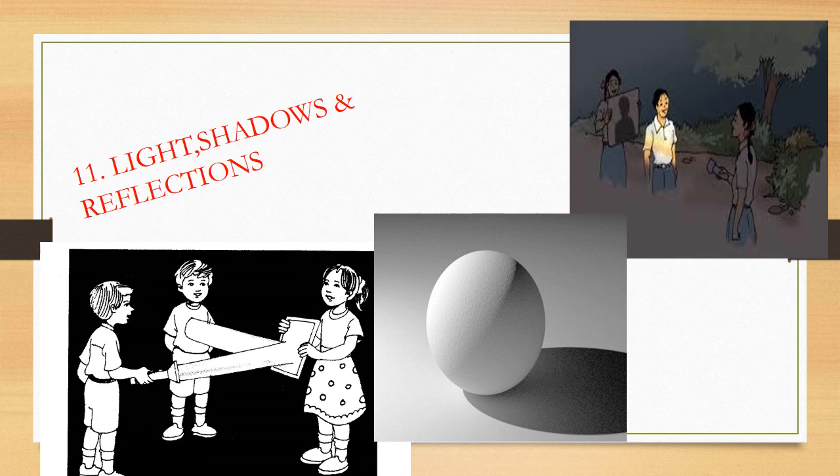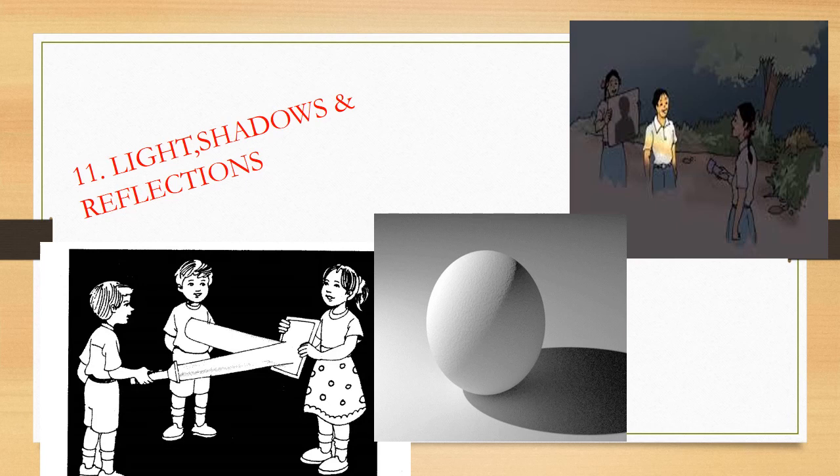Good afternoon all. So today we are going to discuss the 11th chapter, light, shadows and reflections. This is the chapter in physics which we are going to discuss today. So let us study the light, the shadows and their reflections.